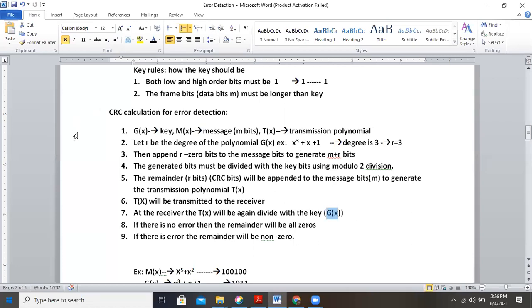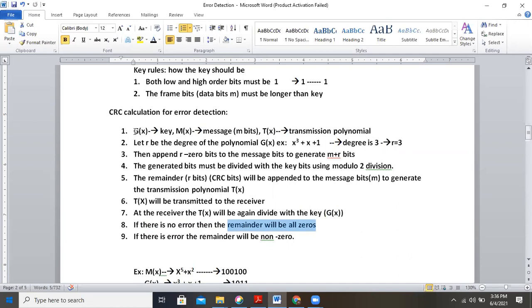As the key is available at both the sender and the receiver, we use this T of X and divide with G of X. If there is no error in the message, then the remainder will be all zeros. Once you divide at the receiver side, you should get the remainder as 0. If you are not getting the remainder as 0, then there is an error. If you are getting the remainder as zeros, then there is no error.